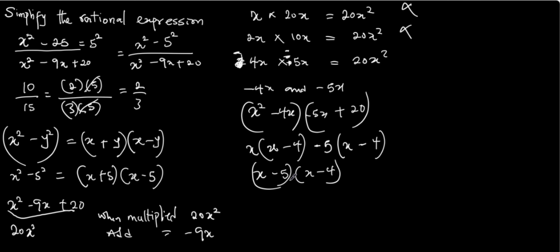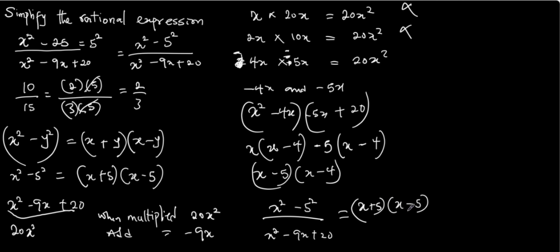You see, we've been able to express it as a product of two factors. So our question, which is x squared minus 5 squared all over x squared minus 9x plus 20, is the same thing as x plus 5 and x minus 5 all over x minus 5 and then x minus 4.